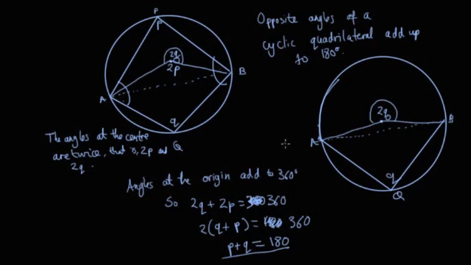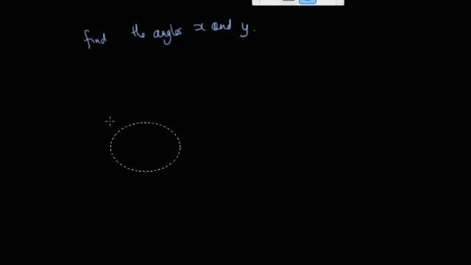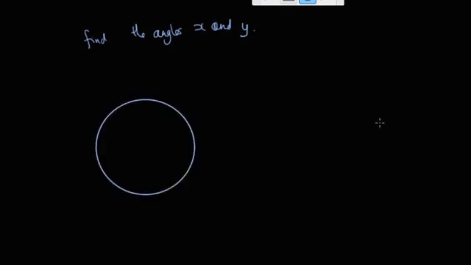So let's look at an example using this theorem. Find the angles X and Y. So let us draw what we're dealing with, and we'll draw another circle here, a bit higher up.